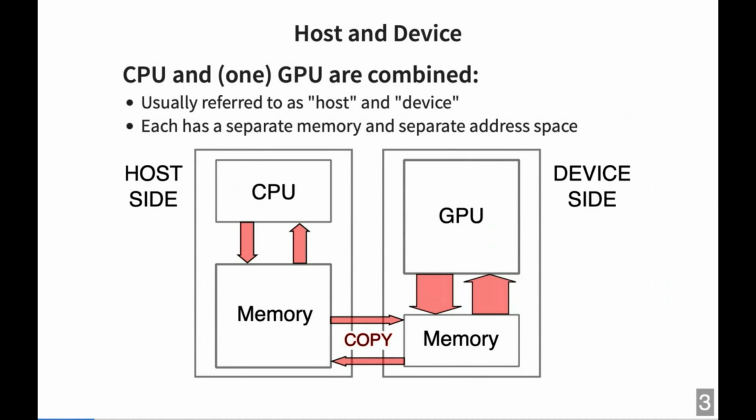It usually comes coupled to an associated CPU, and so the jargon is to refer to the CPU as the host, and the GPU is often referred to as the device. So the CPU is said to host the GPU.